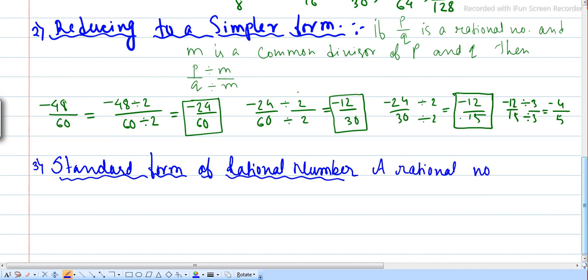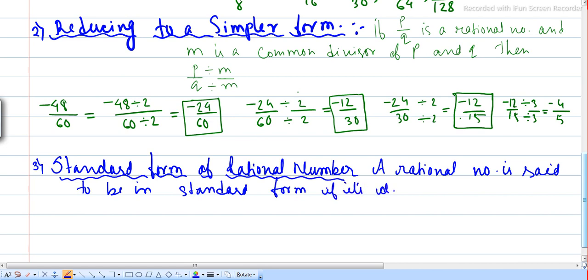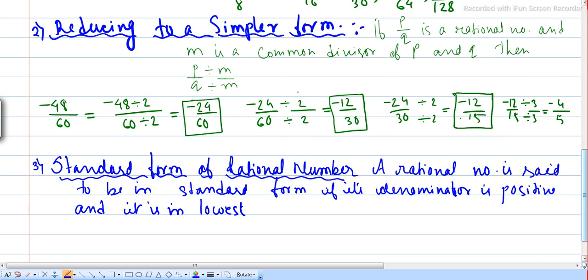A rational number is said to be in standard form if its denominator is positive and it is in lowest term.